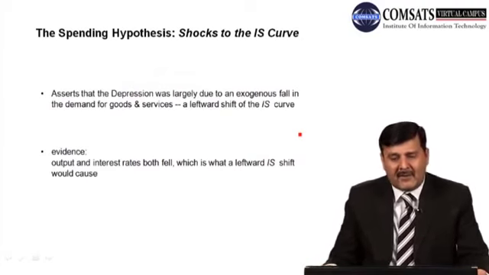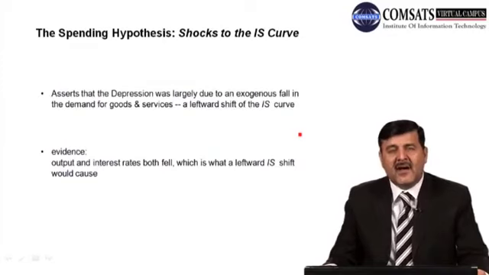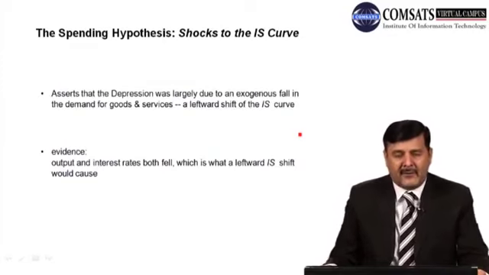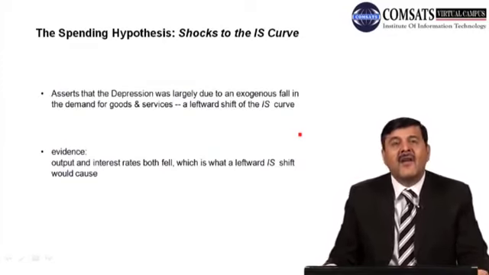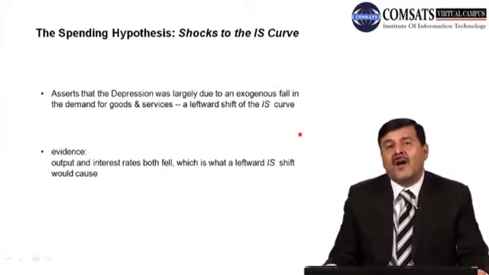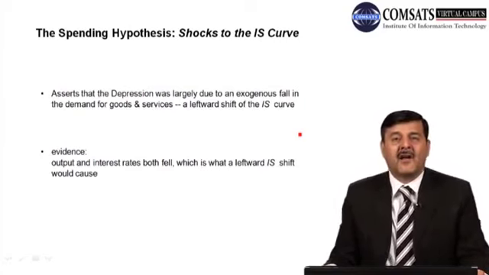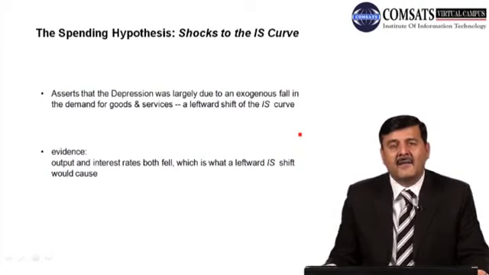There are different hypotheses. First of all, we talk about the spending hypothesis. What is that? Shocks to the IS curve, because whenever we talk about spending, we're talking about shocks in the IS curve, because spending is a component of the goods market equation.